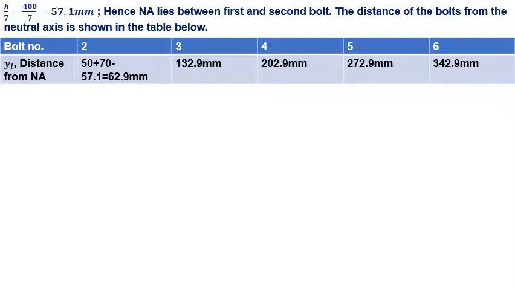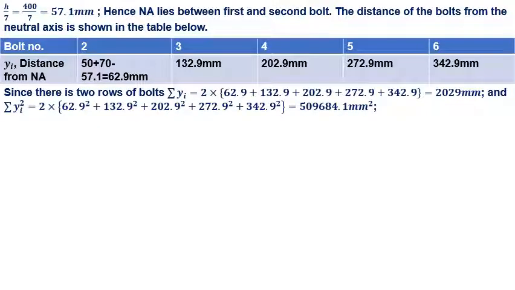We have to calculate the distance of the second, third, fourth, fifth and sixth bolt from the NA, as shown in the table. Since there are 2 rows of bolts, we now calculate summation of yi, which is 2029 millimeter, and summation of yi square, which comes out to be 509684.1 millimeter square.